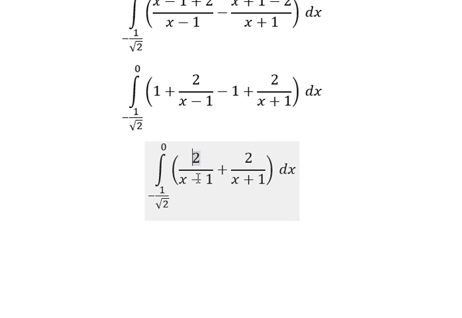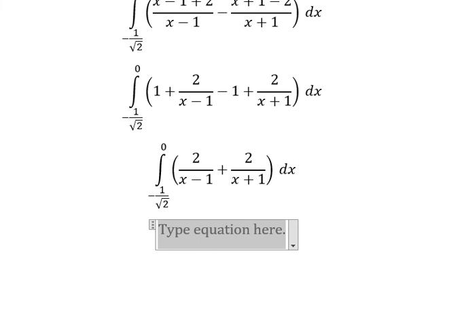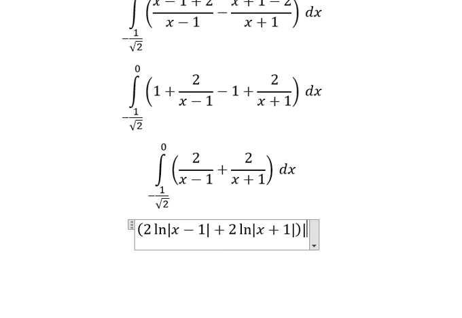The integration of this one, we will have 2 ln of the absolute value of s minus 1. This one we have 2 ln of the absolute value of s plus 1. And we put the bounds from negative 1 over the square root of 2 and 0.